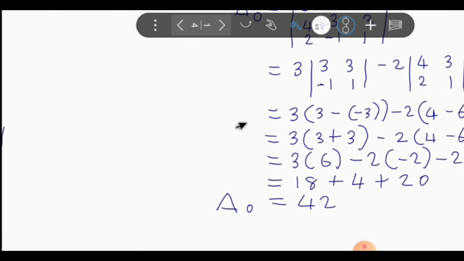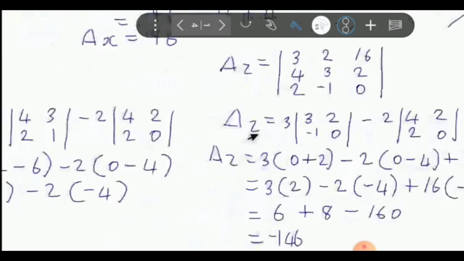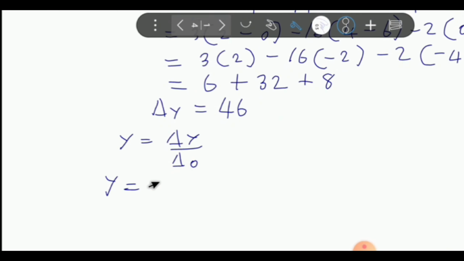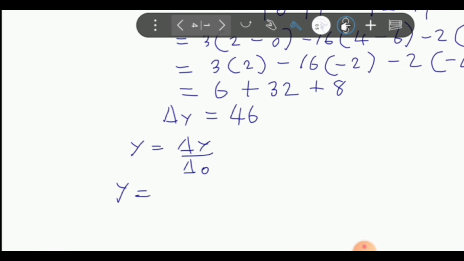Change in naught is 42. Change in y is 46. So we say 46 over 42. So y should be 23 over 21. So now let's look for our z.